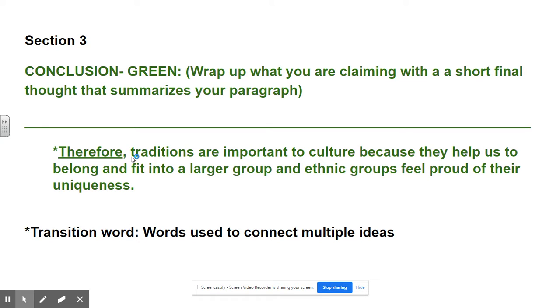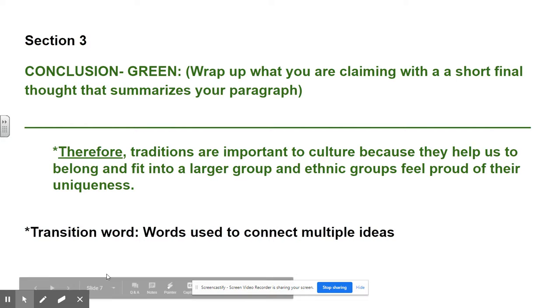Therefore, transition word, continuing, connecting the idea. Traditions are important to culture because they help us to belong and fit into a larger group, and ethnic groups feel proud of their uniqueness. That is a summary of the paragraph that I'd written. It combines both my points and lets the reader know I'm done.